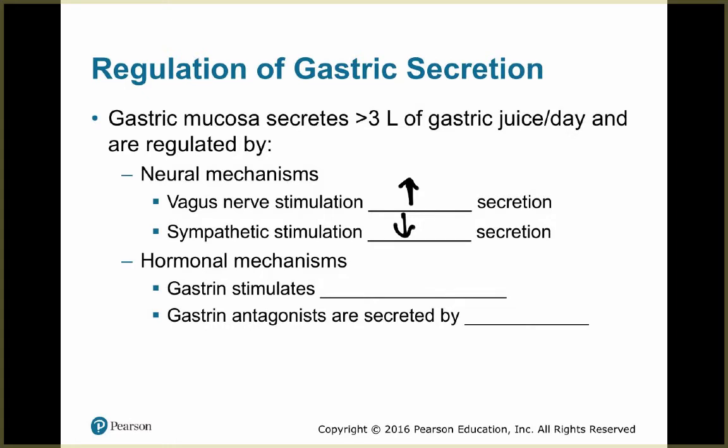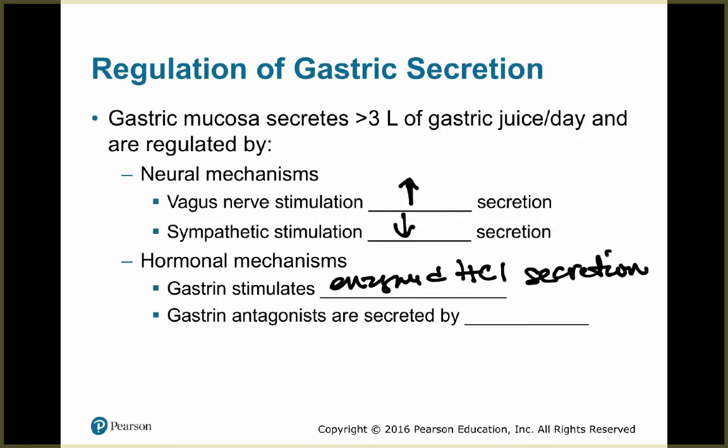Besides neural mechanisms for gastric secretion, you also have hormonal. So gastrin helps to stimulate enzyme release and HCl secretion. So the parietal cells secrete HCl, and gastrin released by the endocrine cells helps to increase that.